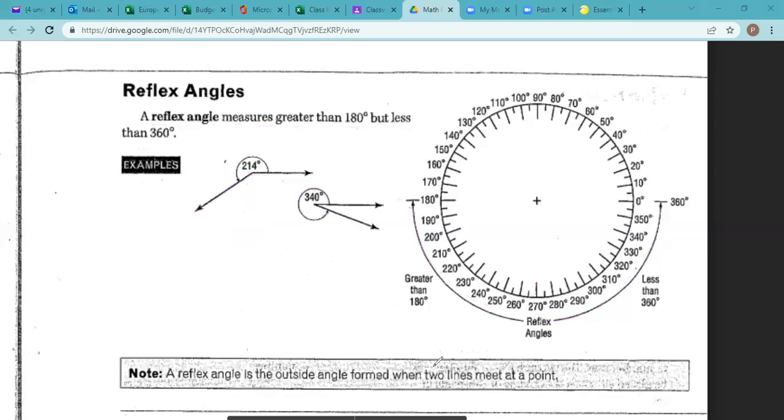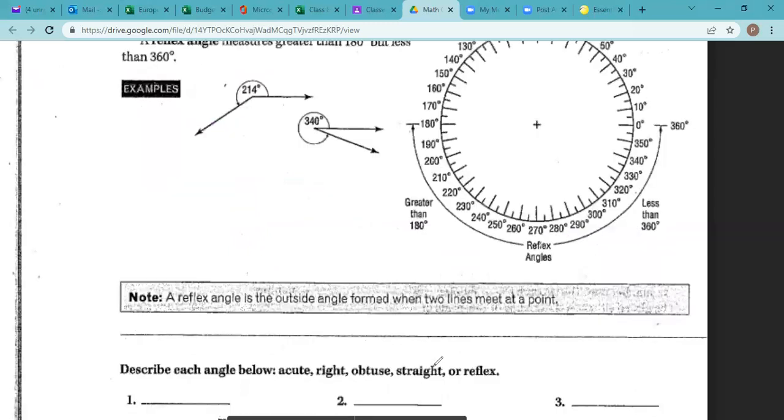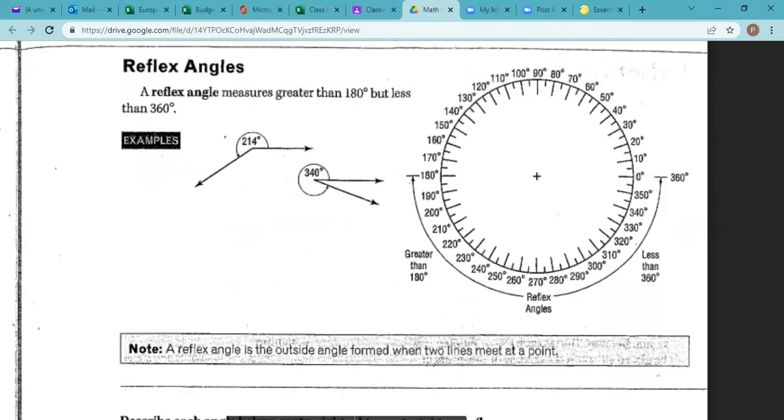Typically, when I think of a reflex angle, if I was to put my fist and stretch my right arm straight out, and I did the same with my left fist and put it straight out that way, so I've got my arms kind of straight and even right here. If I dropped my left arm just a tiny bit, that would be a reflex angle.